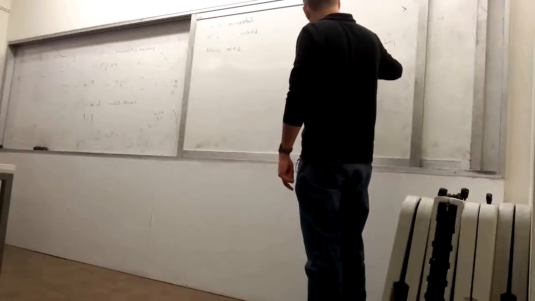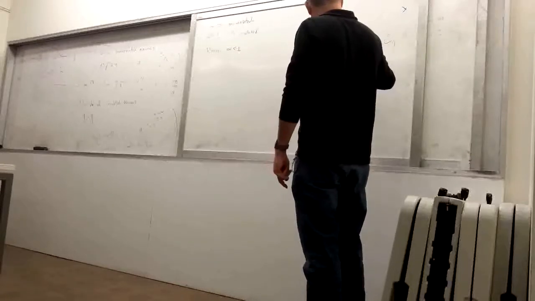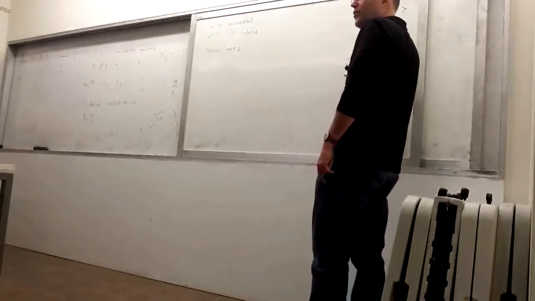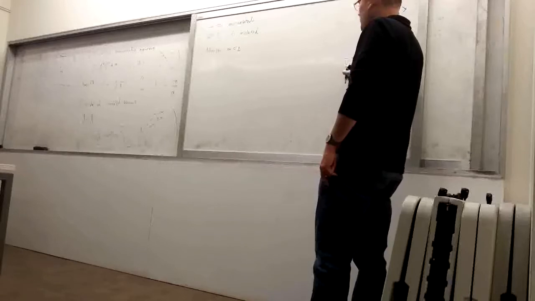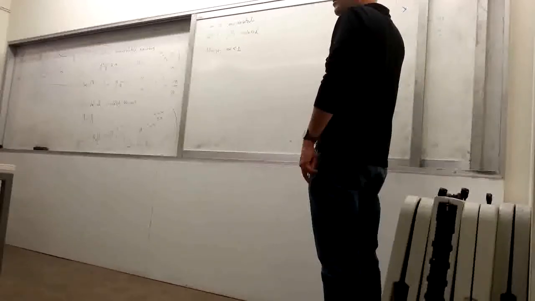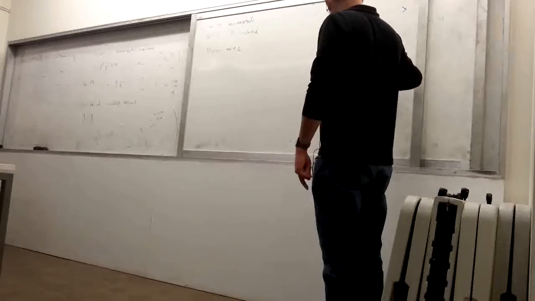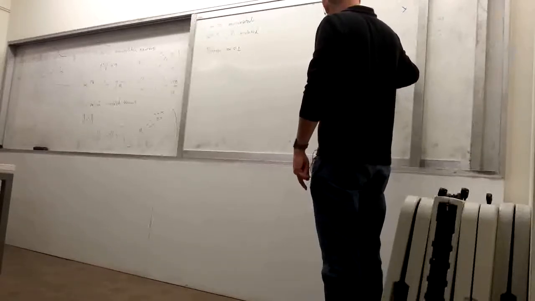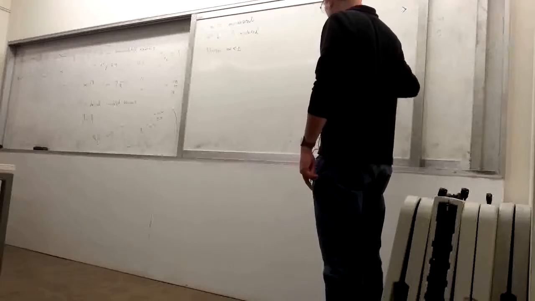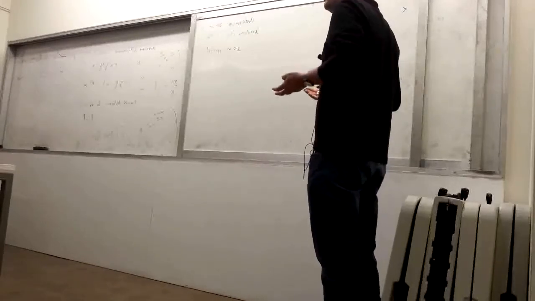Let's choose some vector v transpose and multiply it by u. And now you want to ask what is the variance of this variable. You can prove that the variance of this variable is the sandwich v transpose C v. And the variance is always positive.